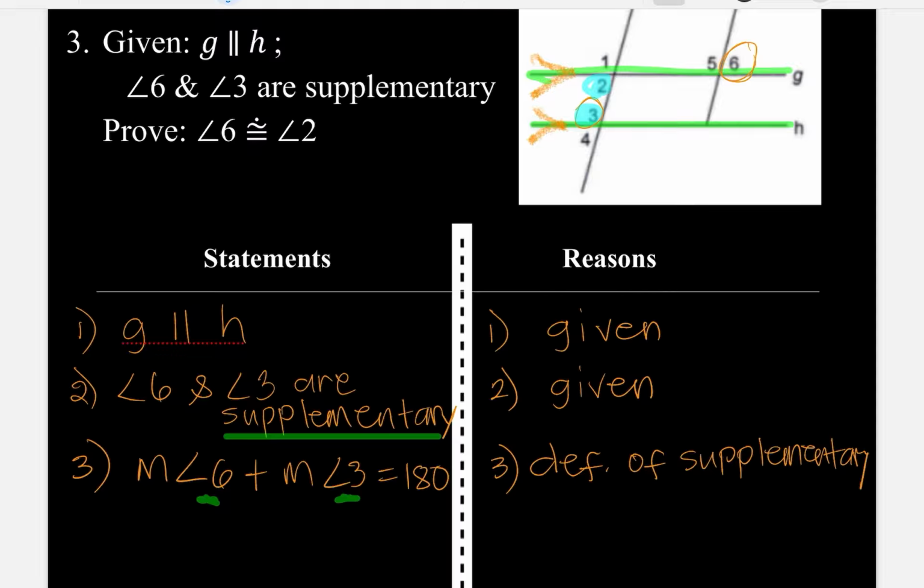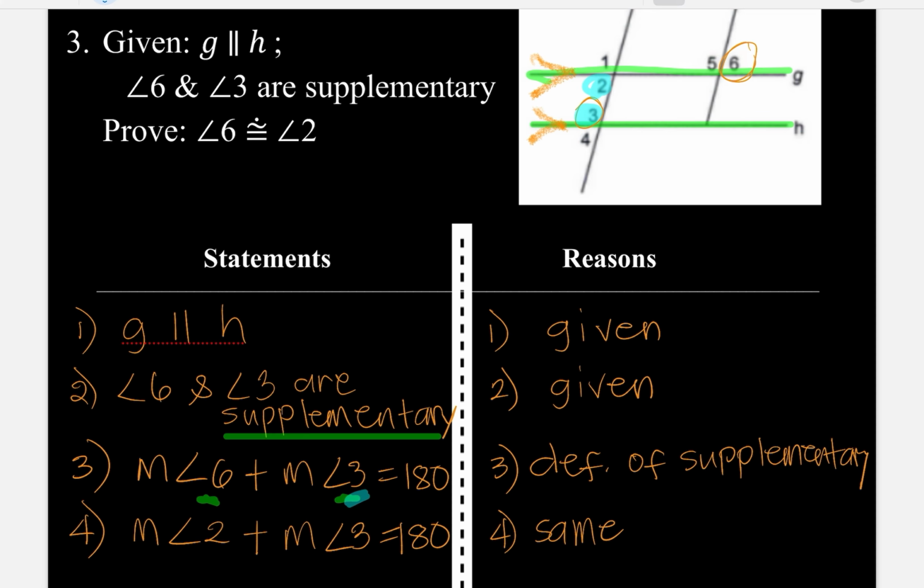They can also be called consecutive interior angles. So the 3 is mentioned, and we need one of these angles to be mentioned. So we can say number 4, measure of angle 2 plus measure of angle 3 is equal to 180 degrees. And again, we did mention that these two angles are on the same side interior angles.